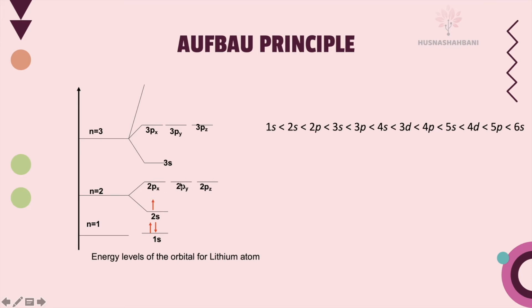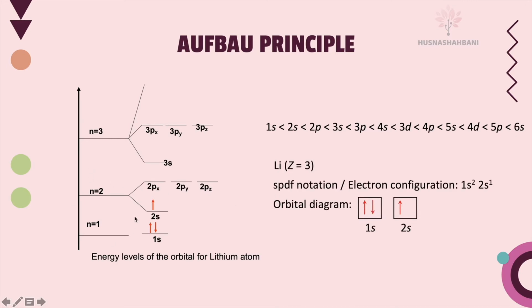So that's why they are at the same level, because they have the same energy value, px, py, pz, because they are all p. They only have different orientation, but they still have the p orbital. Then 3s higher than 2p, 3p higher than 3s, and again 3px has the same energy as 3py and has the same energy as 3pz. This is for lithium atom.